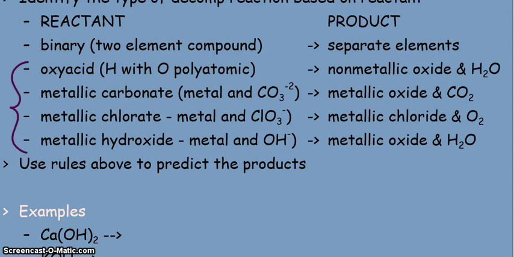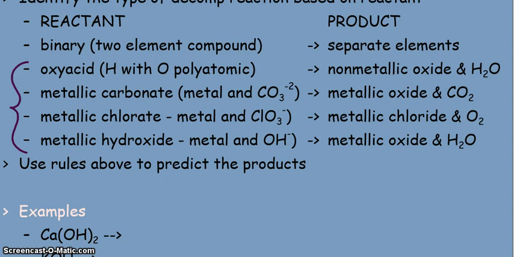What that will break apart into is a non-metallic oxide and water. So pretty much all you do is you remove water from the acid, and the leftover is going to be the bonding between the oxygen and the other non-metal substance. So you pretty much take the polyatomic and the H's and take off a water molecule.